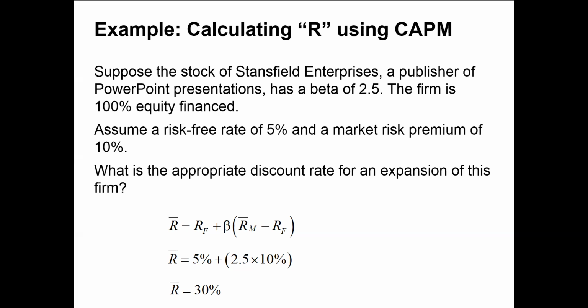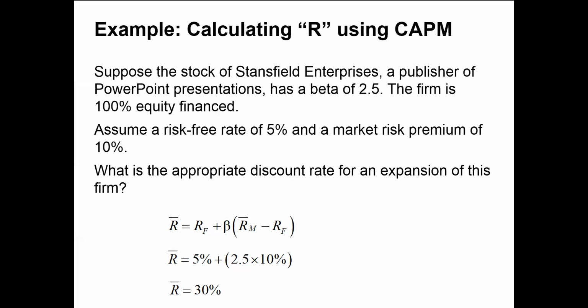Also, let's assume the risk-free rate is 5% and the market risk premium is 10%. So the question is, what is the appropriate discount rate for this company? You can just get the cost of equity capital using the CAPM as follows.